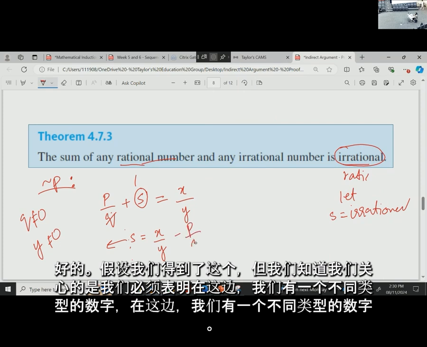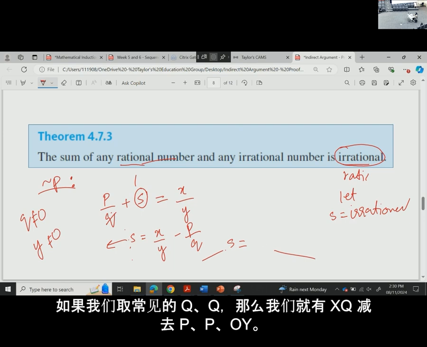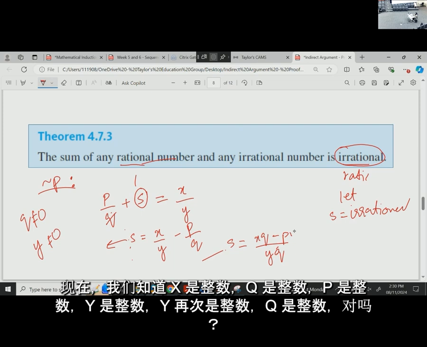Okay. Let's say we get this, but what we are concerned with is that we have to show that on this side we have a different type of number, and on this side we have a different type of number. If we take the common q, then we have xq minus py.